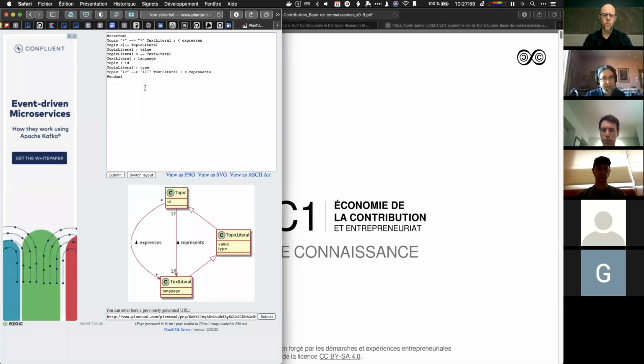So here we see how the represents looks. From topic to text literal, text literal is below, here's the arrow, and this little black thing says that represents is from here to there. I'm actually not certain about that little black arrow. I haven't seen it as part of it, but I can look it up in the specification. No, it's not in the spec.